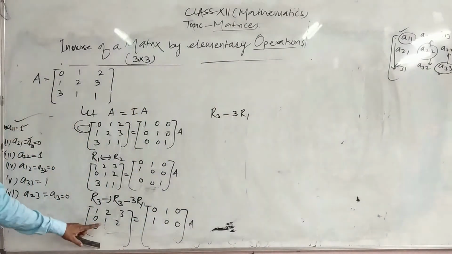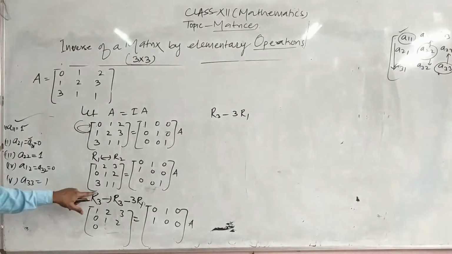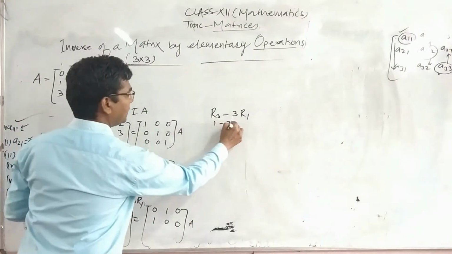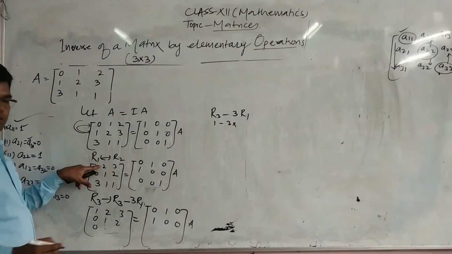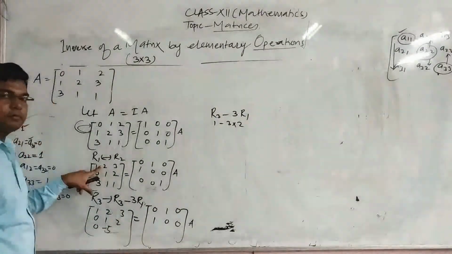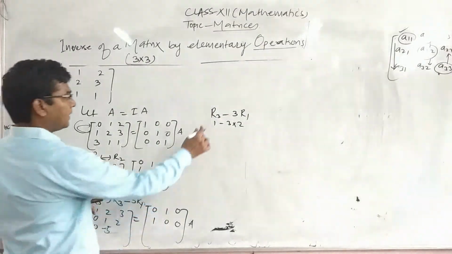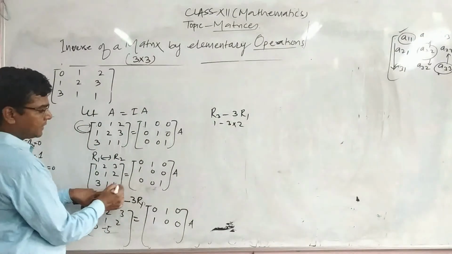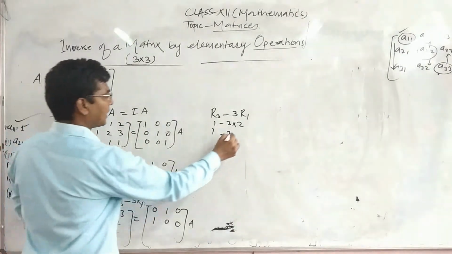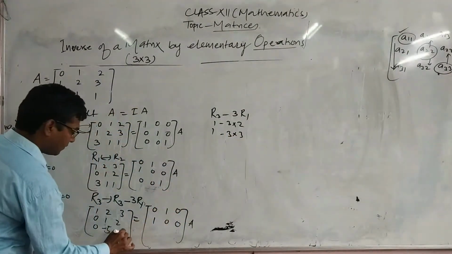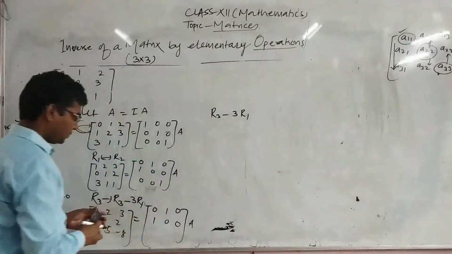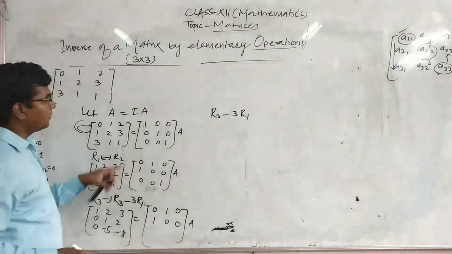So the element of R3 is 1 here, then 3 times R1 is 2, so 1 minus 6 will be minus 5. Similarly, the very next element of R3 is again 1 minus 3 times R1, which is 3, so it will be minus 8. Similarly, we will do the same with the identity matrix.